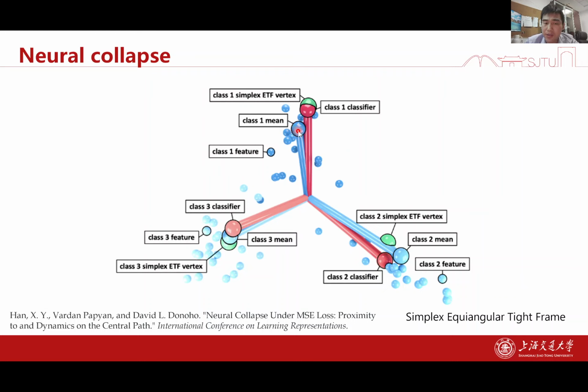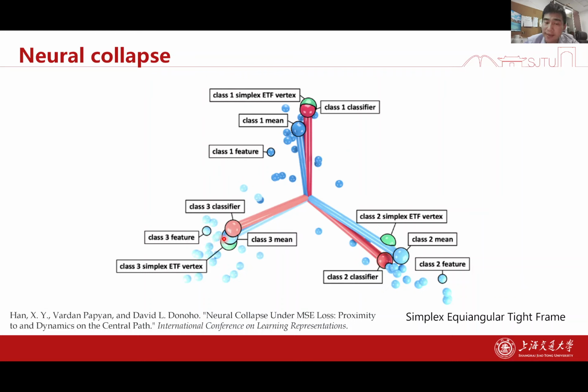And interestingly, the means of these points are separated as much as they can be. So consider here, this big ball is the average of the tiny balls that belong to this deep blue class. And this light blue one is also the average of the features of the balls that belong to the same class.